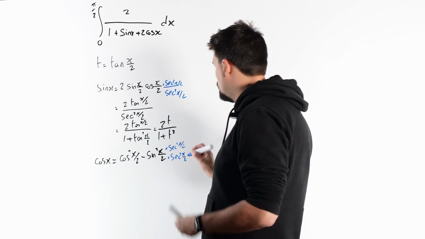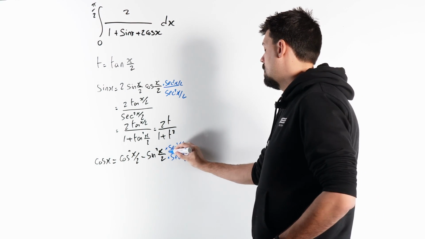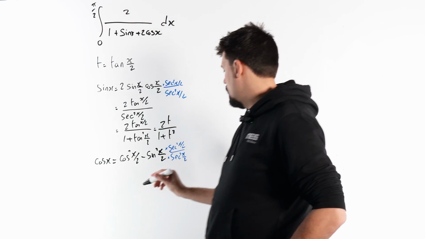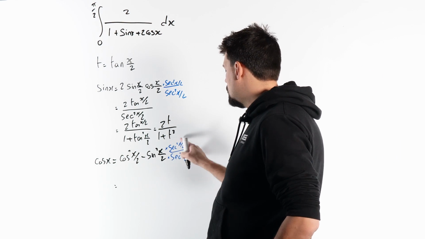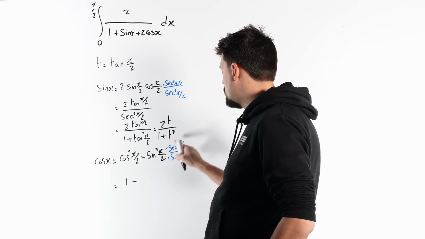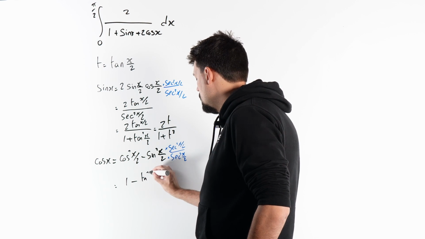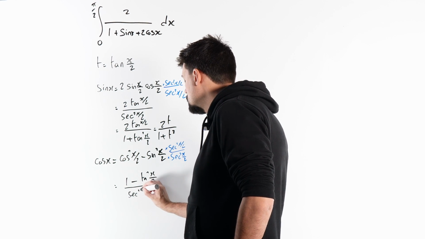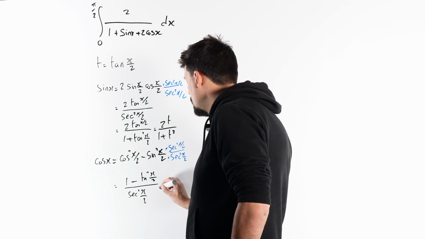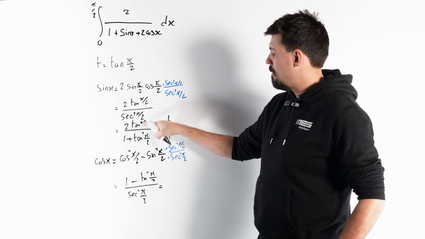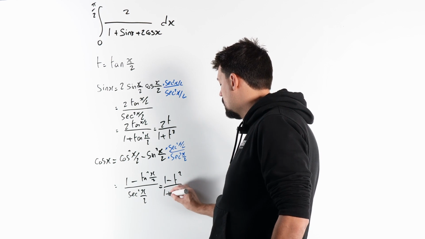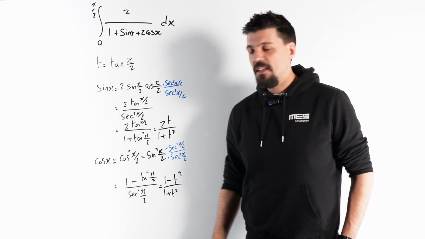Multiply and divide by sec squared of x over 2. Cos squared times sec squared is 1. Sine squared times sec squared is tan squared of x over 2. Now sec squared, we're in the same situation we were here, so we end up with 1 minus t squared over 1 plus t squared.